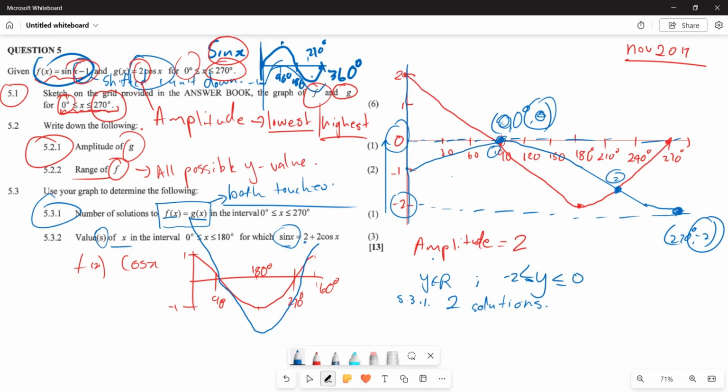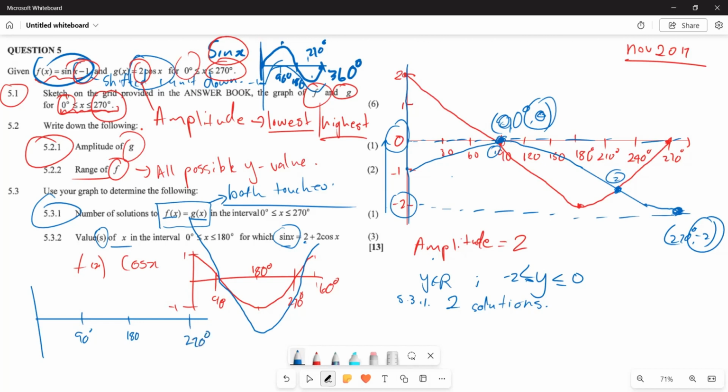Let's start here. Let me just come back here. Let's say we are having the graph of sine x, let me just write this. Let's say this is your 90 degrees, this is your 180 degrees, and this is your 270 degrees.